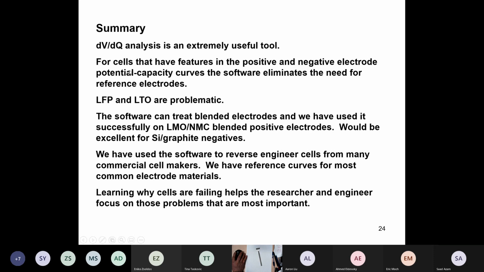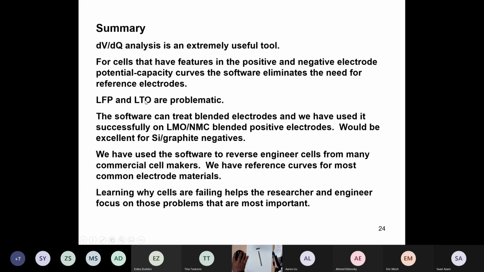If you put the lithium in the jelly roll, a small strip of lithium, then you have to disturb the jelly roll to put it in there, and then you don't have a real cell anymore. So I hate reference electrodes. I think they're terrible. If you want to have cells that last many, many years that you can do science on, you will never do it with a reference electrode inside. Never. So DVDQ analysis is your way around that.